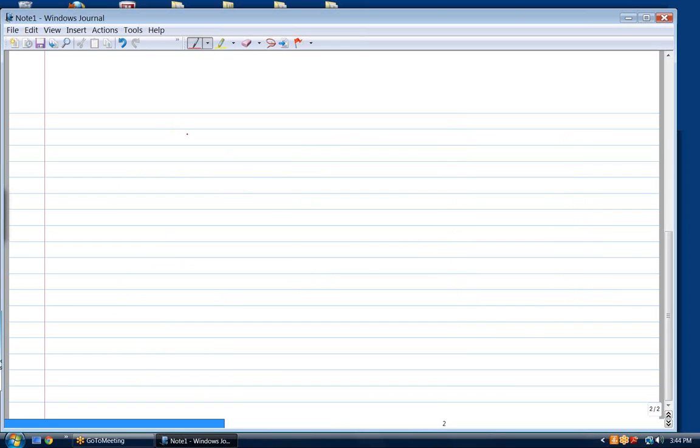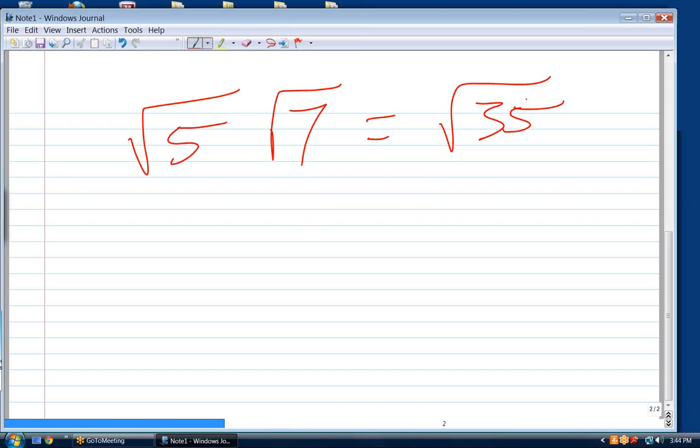If we're multiplying with exponents, well, let's see. You said radicals, so let's try to stick to radicals. Trying to think of radical problems. What's this equal to? That would be 35 radical.